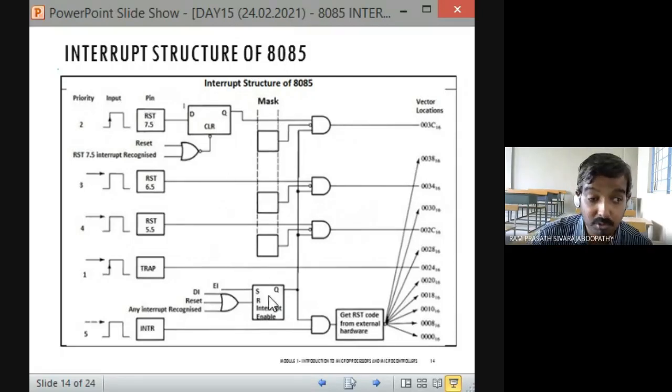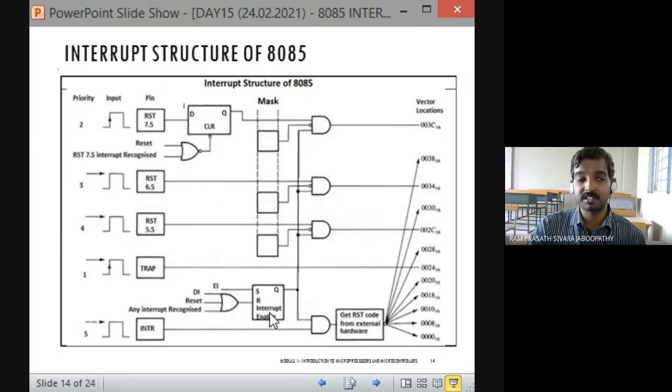See, understand one thing well. For 7.5, 6.5, 5.5, there are individual mask bits, plus they also depend on the interrupt enable flip flop. Clear? What about INTR? For INTR we don't have any mask bit. This INTR depends only on the interrupt enable flip flop.